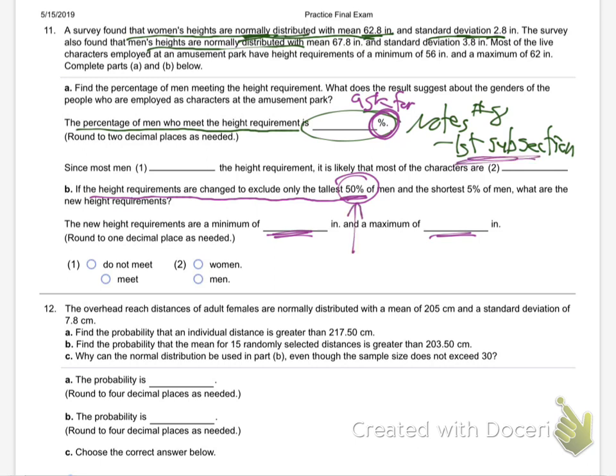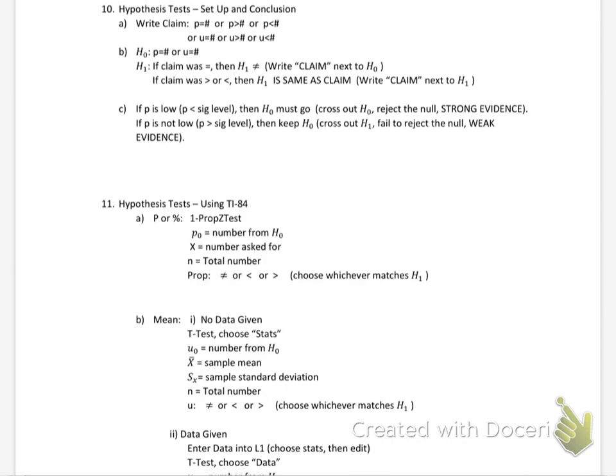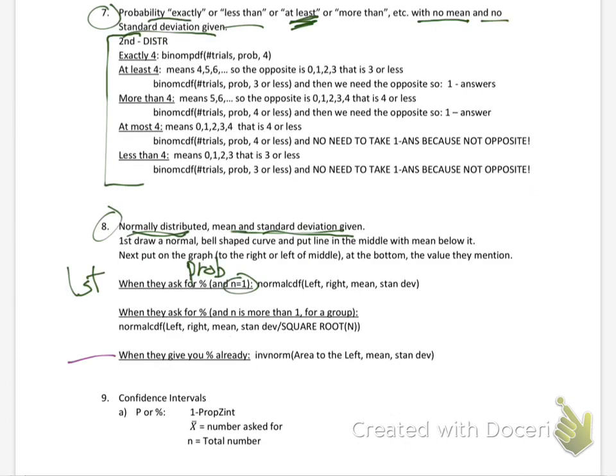But now down here, they're giving us a percentage. So that's notes number 8, third subsection. Let's go back and see it. See, right there, third subsection.